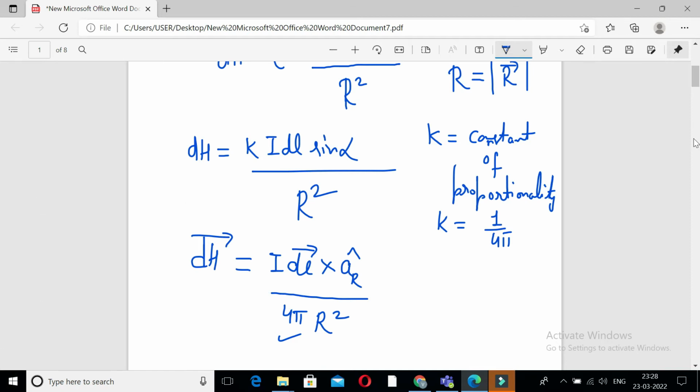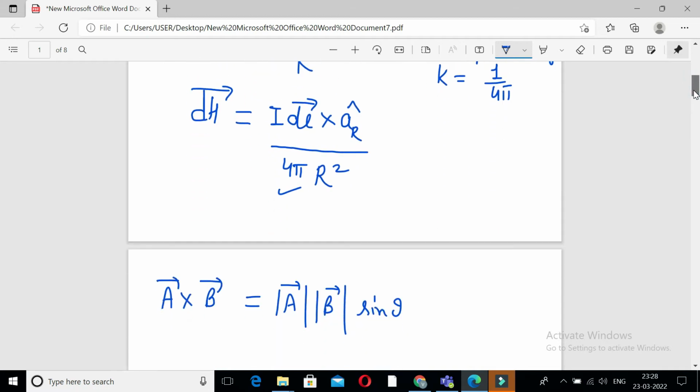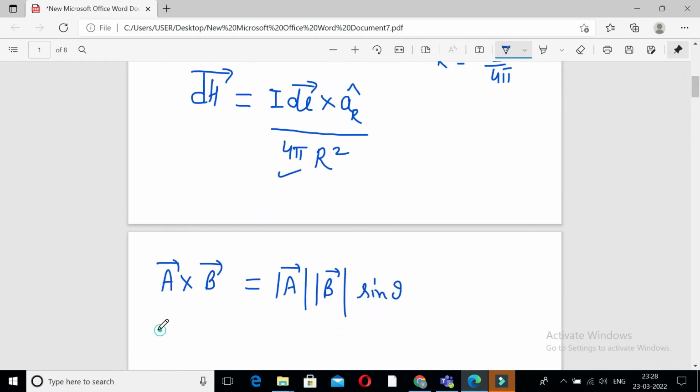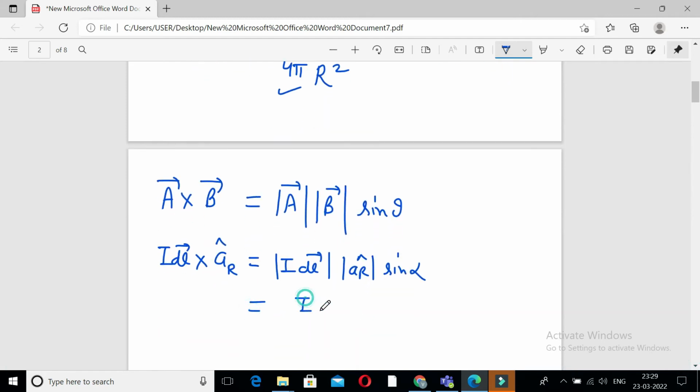So if one vector is I dl and the second vector is a_R cap, it must be equal to I dl a_R cap, and the angle between them is sin alpha. So it is equal to I dl sine alpha. That's why I have written I dl sine alpha is equal to I dl vector cross a_R cap.